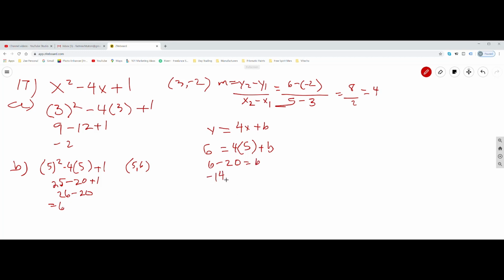Negative 14 equals b. So the equation is y equals 4x minus 14, the equation for the secant.